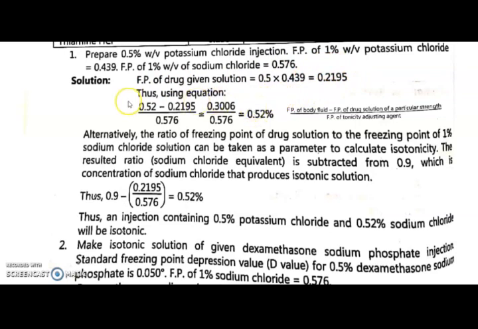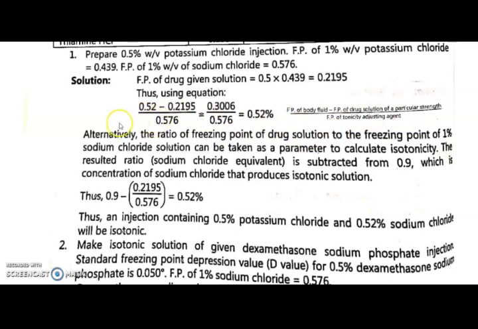Now for calculating the percentage amount of sodium chloride needed to be added for making 0.5% weight by volume potassium chloride injection isotonic with body fluid, we use the equation we have already studied: freezing point of body fluid minus freezing point of drug solution of a particular strength, divided by freezing point of tonicity adjusting substance.